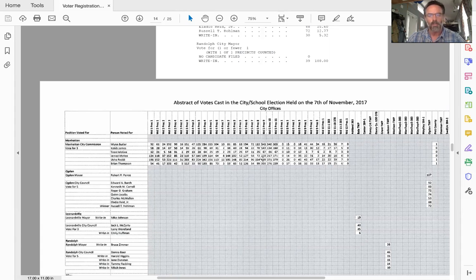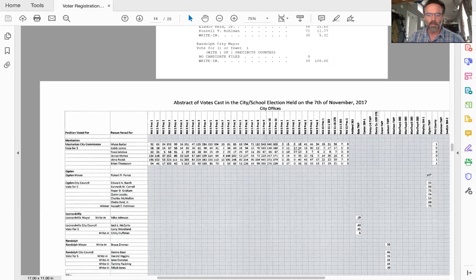So you can get an idea of where people who are voting live and who they're voting for, and that might be useful for targeting where you want to do outreach efforts or voter registration. There are a lot of other factors there, but I wanted to share this information in case it might be useful.